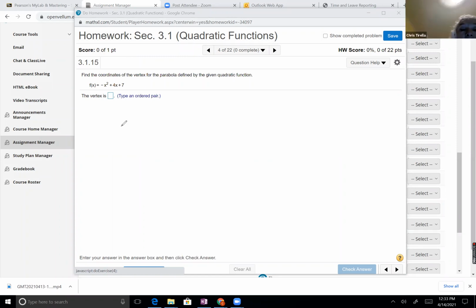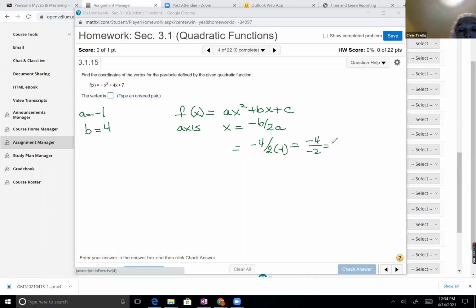Okay, for the coordinates of the vertex of a parabola, if we've got something in that general quadratic form, f of x equals ax squared plus bx plus c, the vertex is on the axis of symmetry, and the axis of symmetry is given by x equals negative b over 2a. As I look at this, a, the coefficient on x squared, is negative 1. b, the coefficient on x, is 4. So negative b over 2a would be negative 4 over 2 times negative 1, which is negative 4 over negative 2, which is 2.